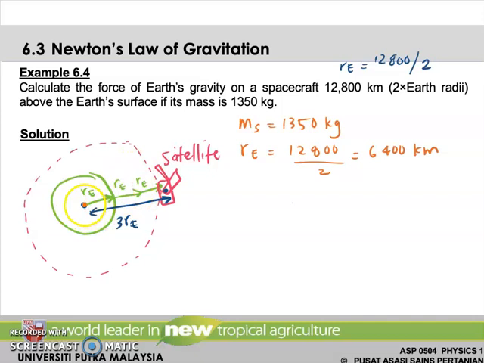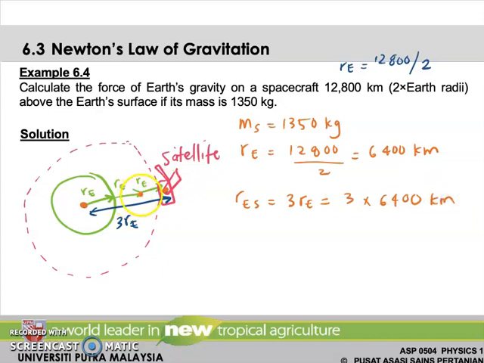So the radius between the center of mass of Earth to the center of mass of the satellite is 3RE, right? So that is just 3 times 6,400 kilometers.